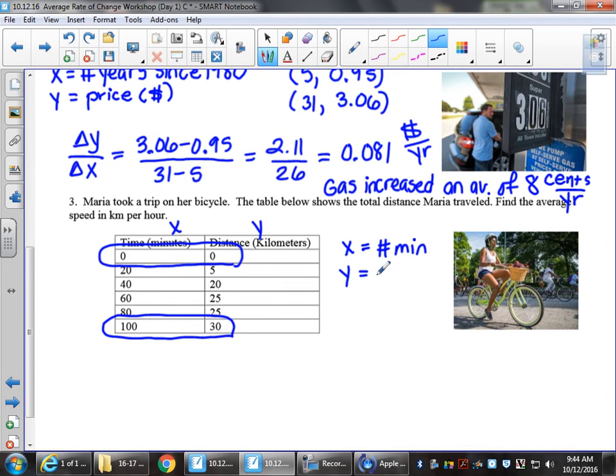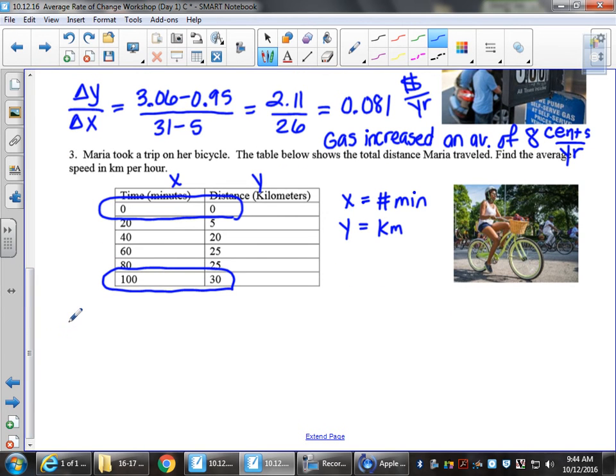Distance measured in, what's the abbreviation for kilometers? KM. Kilometers is distance. All right, so let's stack our points. We've got 0, comma what? 0, 0, and 100, comma 30.